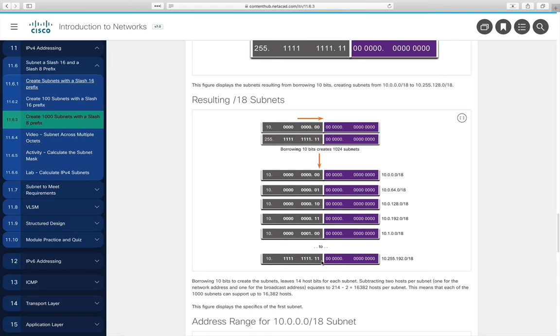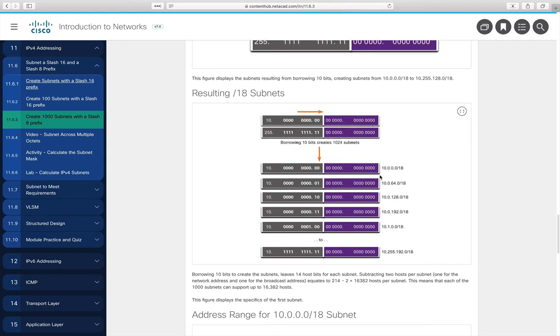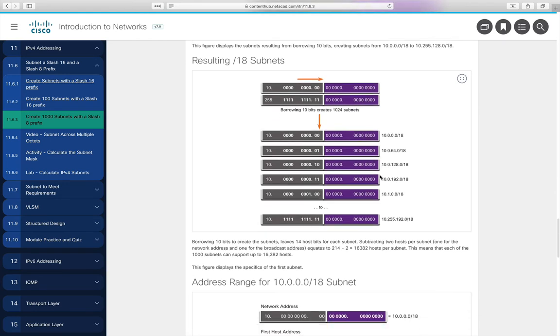Right now we care about the network numbers for all these networks. So we're going to set all the host bits to 0, and then we're going to convert that to decimal dotted notation. So our first subnet, which would be referred to as subnet 0, because the 10 subnet bits equals 0, is 10.0.0.0/18.